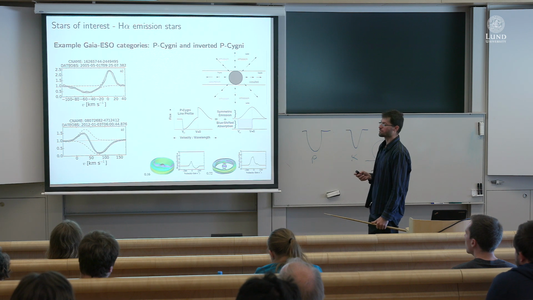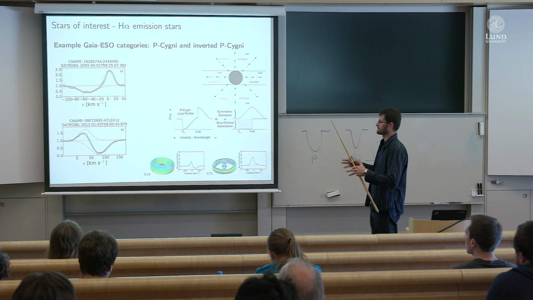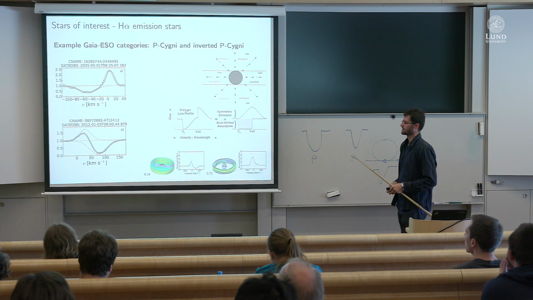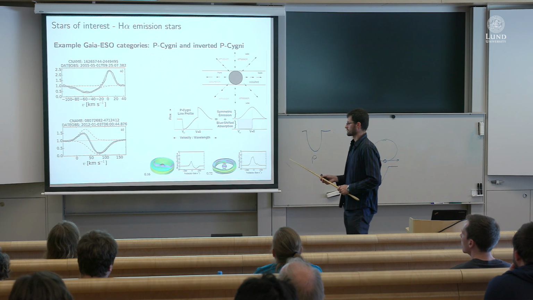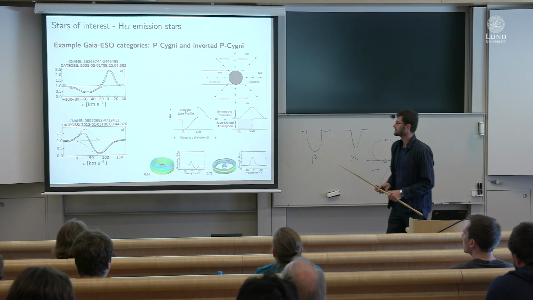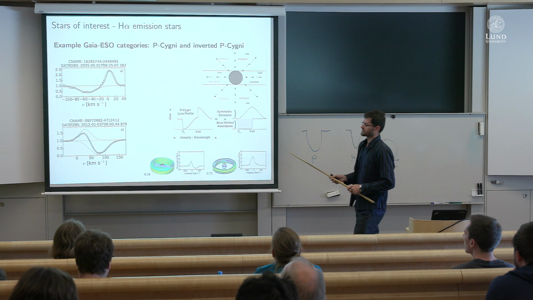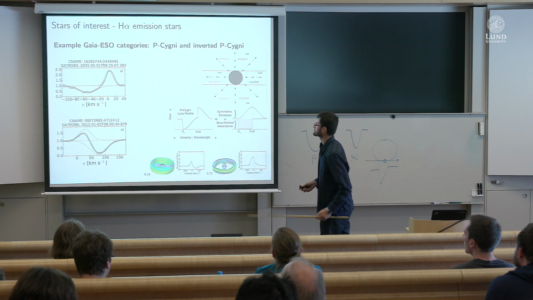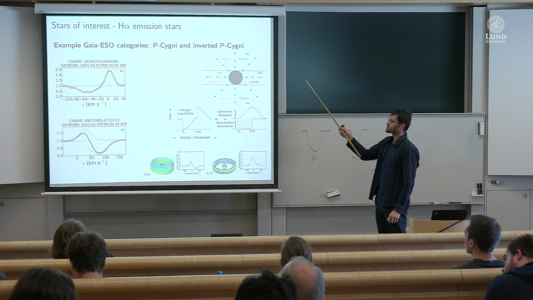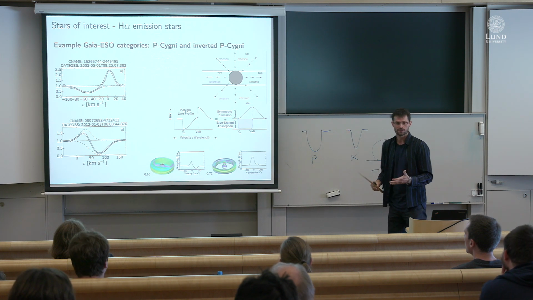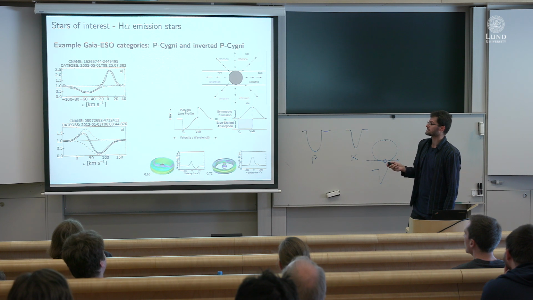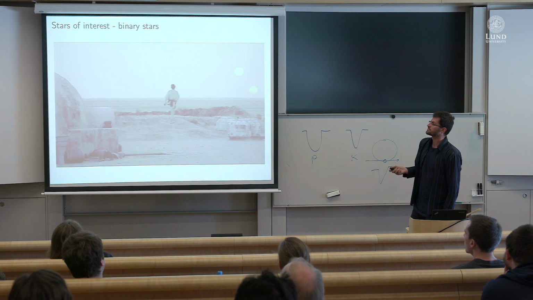We also have the opposite effect, accretion. So material is flowing onto the star, onto the surface, which is also one of the situations when you have a star that's been born. And the profile then is inverse to the t-SNE. So these are all configurations of stars in their environment that are interesting to study by themselves. So if we can find them, then we can study them further.